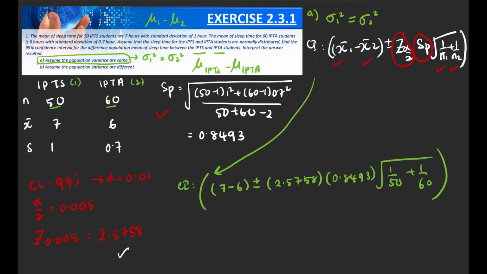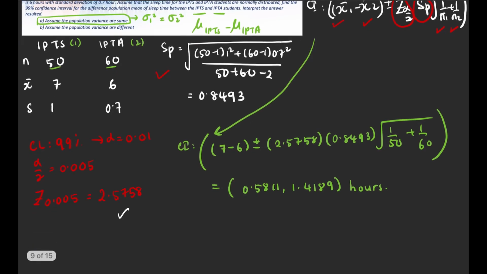Okay, so now here you calculate, you will get the lower boundary is 0.5811 and the upper boundary is 1.4189 hours. Okay, don't forget to interpret.